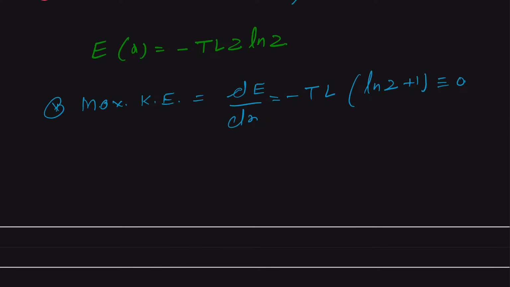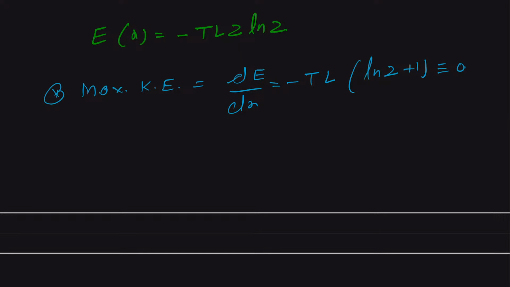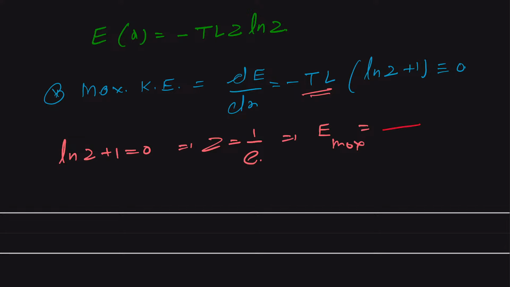Since tension and length cannot be 0, we get natural log of z plus 1 is equal to 0, and from here our ratio z is equal to 1 upon e. So the maximum value of our kinetic energy, E max, will be equal to TL upon e.